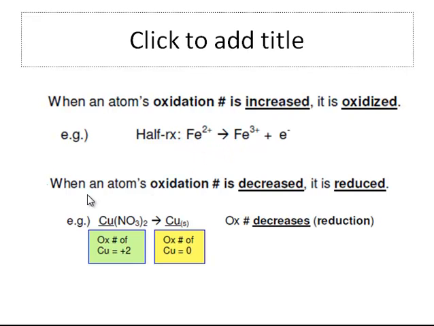And when an atom's oxidation number is decreased, it is reduced, and the reason is it's gaining electrons. Right over here, copper has a charge of positive 2, and over here it's in its elemental form, so the charge is 0, so it's getting reduced. The only way it'll get reduced is if it gained electrons.